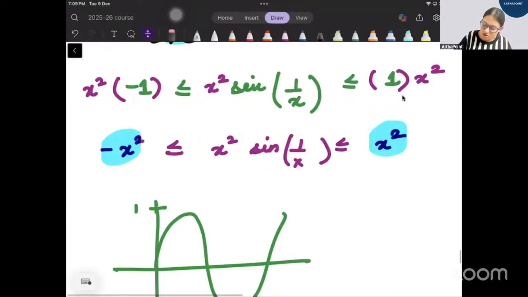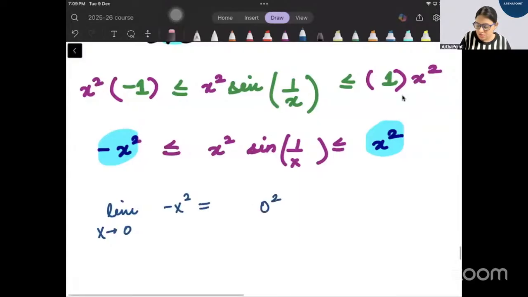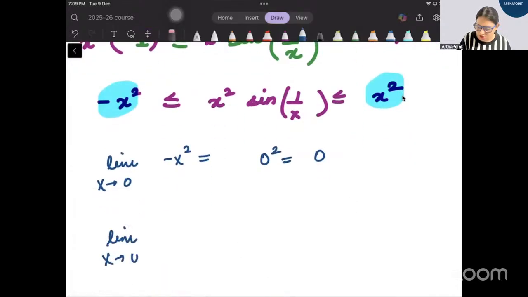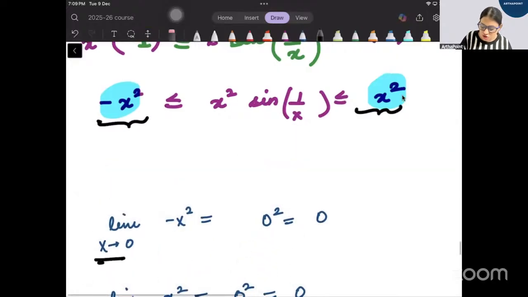So when I check limit x tends to 0 of minus x square, you put 0 in this and you get 0. And when you check limit x tends to 0 of x square, you get 0. So as x tends to 0, this goes towards 0 and this also goes towards 0. They're going towards the same number.